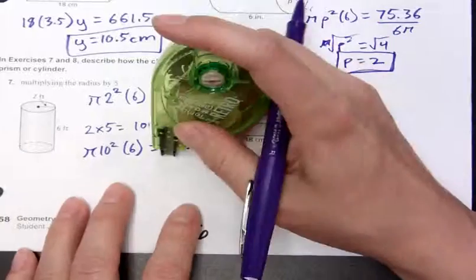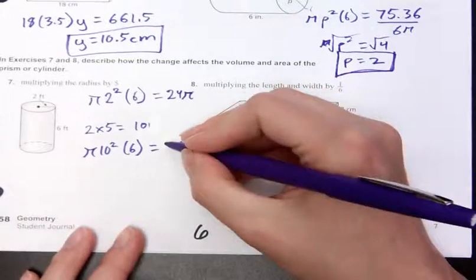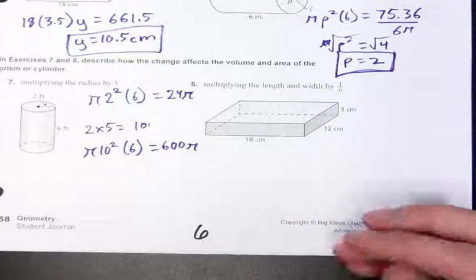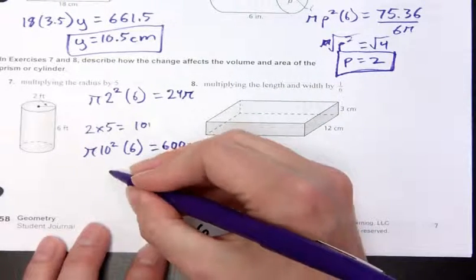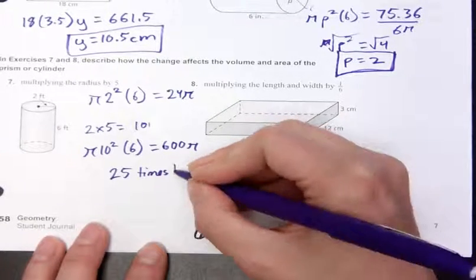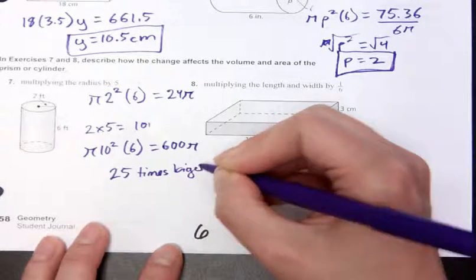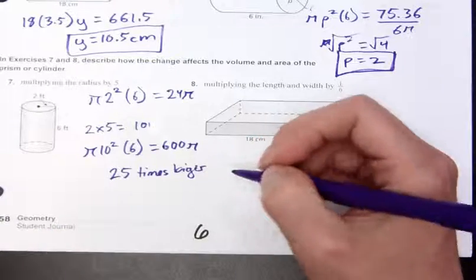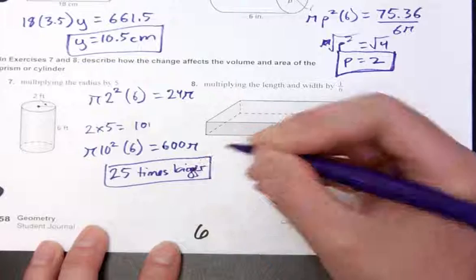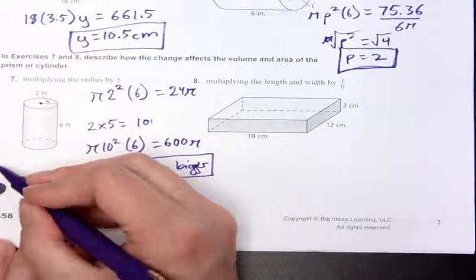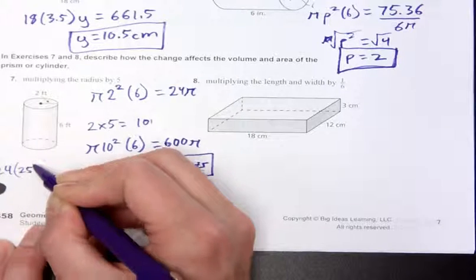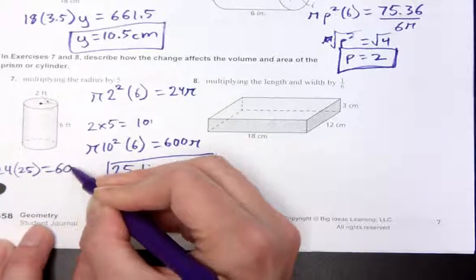Okay, and so then we figure out 24 times what equals 600? It's 25. 24 times 25 equals 600. That's where we got the 25.